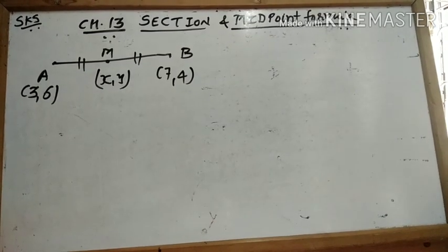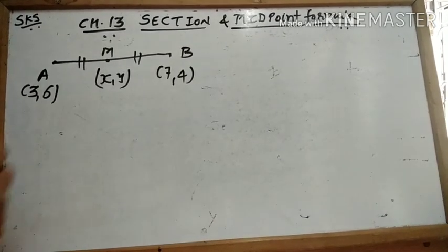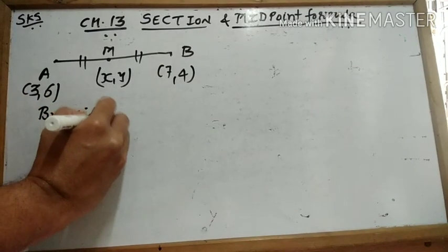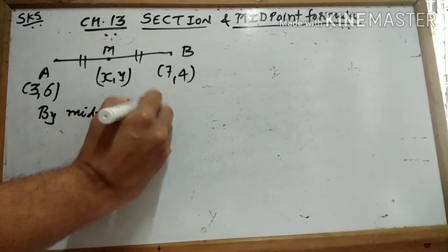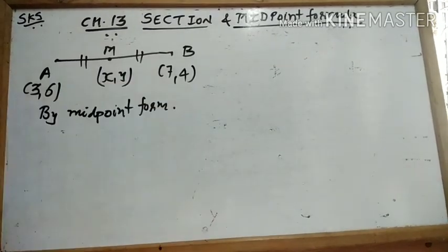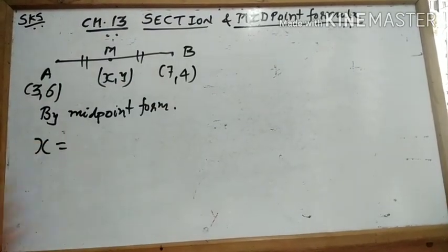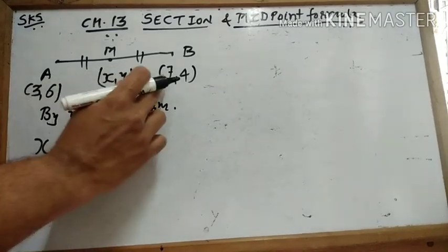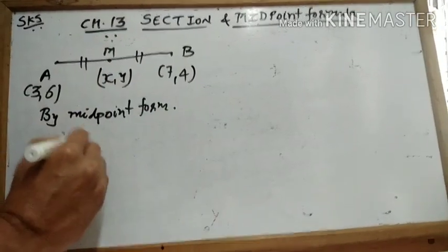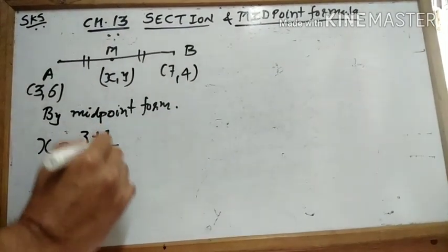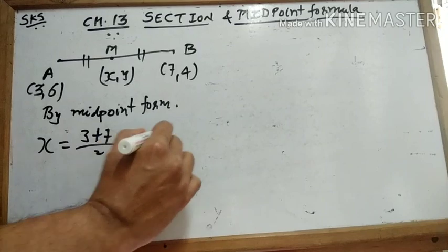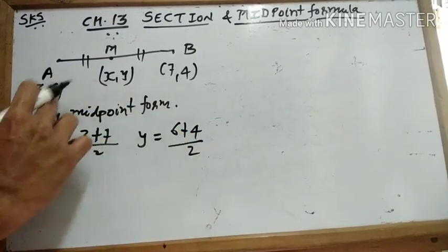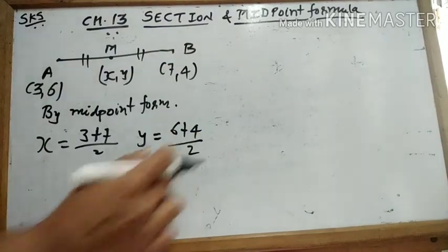If you want to find the coordinates of the midpoint of a segment, then we are going to use the midpoint formula. x will be equal to the x coordinate of the first point plus the x coordinate of the second point, that is (3 + 7) over 2, and the y coordinate will be (6 + 4) over 2, that is, I have added the y coordinate of A and the y coordinate of B, divided by 2.